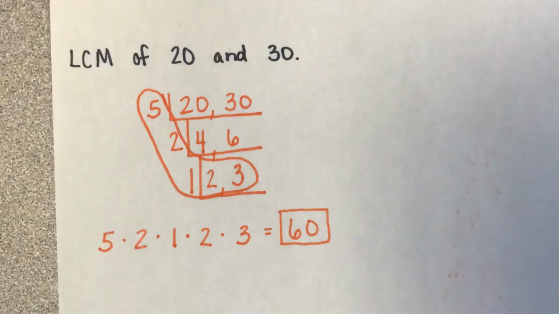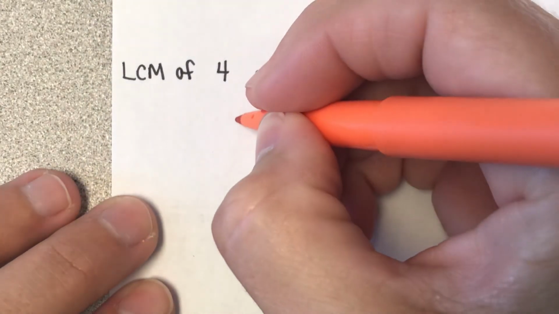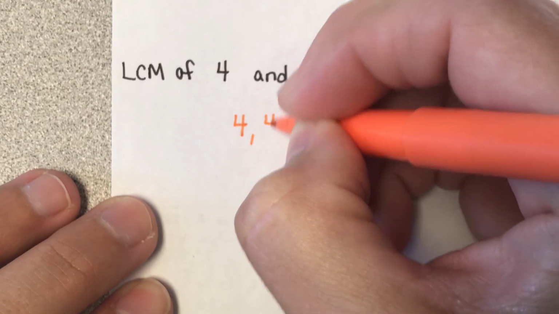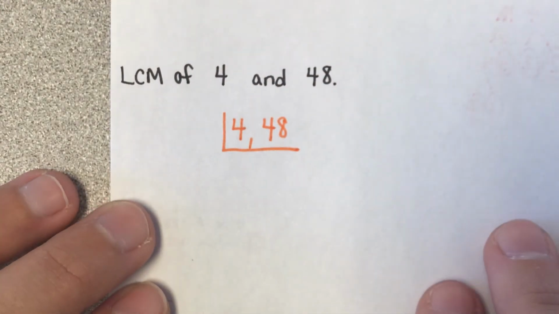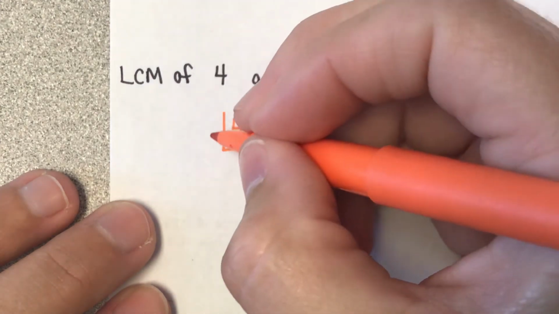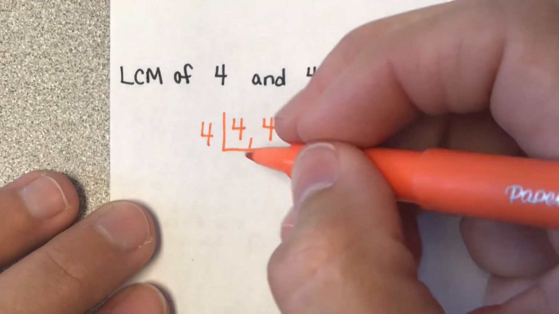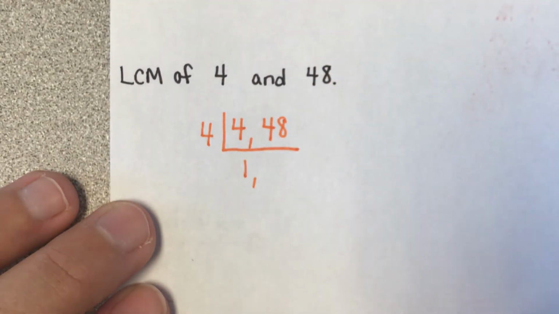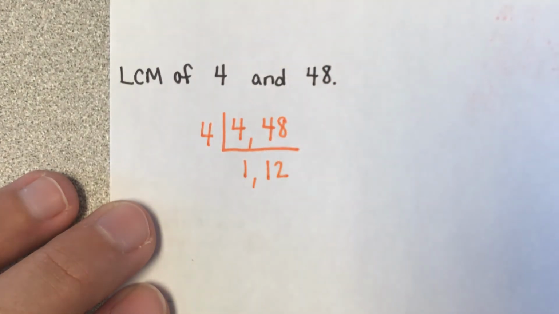Okay, we've got time for one more: 4 and 48. What is the number that goes into 4 and also goes into 48? The first thing I think of is 4. You could have picked 2, that would have been fine. 4 divided by 4 is 1, and 48 divided by 4 is 12.